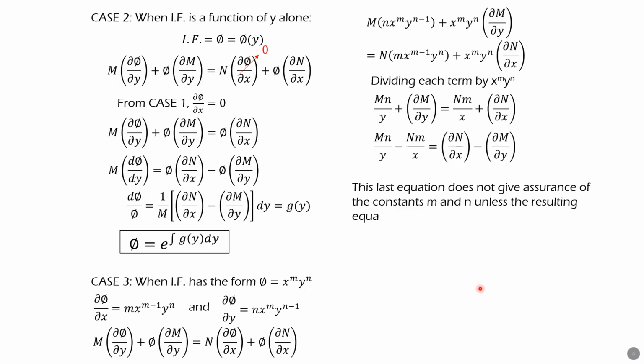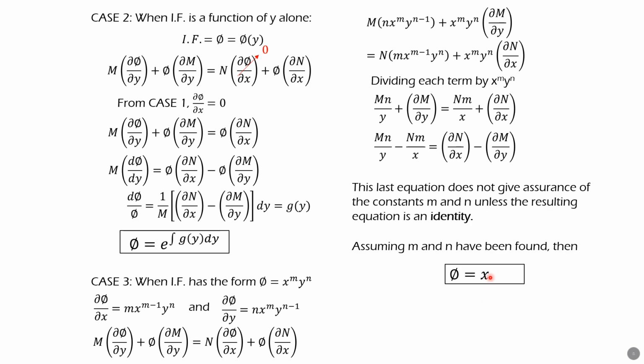So that gives us the idea that after we find m and n, assuming we already found them, then p is x to the m, y to the n. So that's it. That's the integrating factor. We'll have it as an application on the next slide.